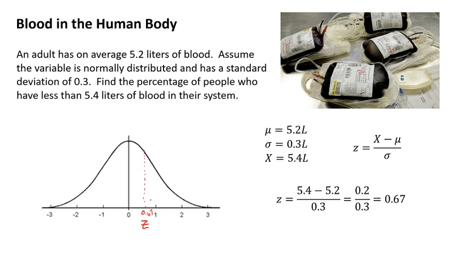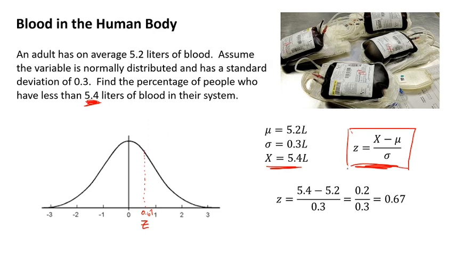Okay, so this is now our standard normal distribution, and all we had to do was translate this x value into a z value using this formula. So this is a good formula to memorize in going from these x values. Here's what our x value was. This is our threshold that we were looking at, 5.4 liters of blood in their system.